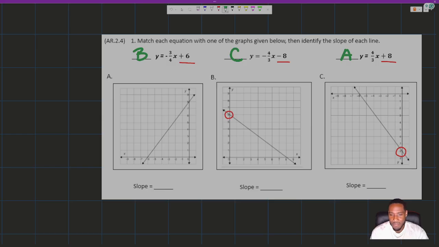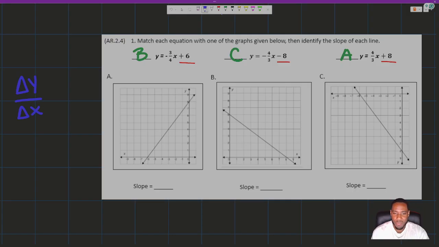Now, what if we really couldn't tell based on just the y-intercept alone? If that were the case, we could use the slope to help differentiate these lines, which I'm sure was the intention when they wrote these questions, but we want to pay attention to whatever makes the question as easy as possible for us. If we needed to use the slope to help differentiate, remember slope is a change in y over a change in x.